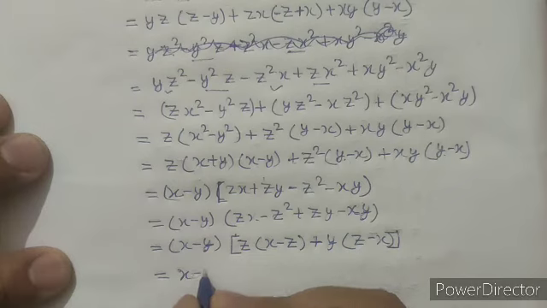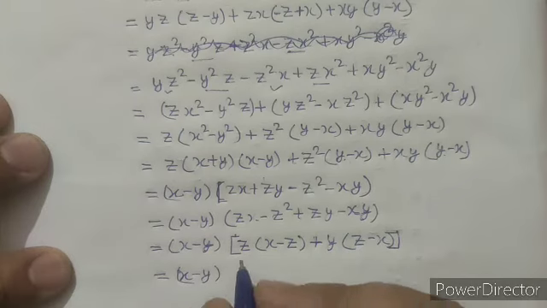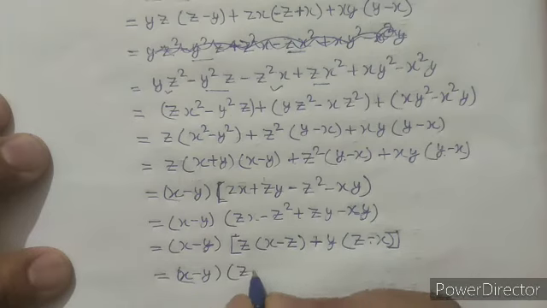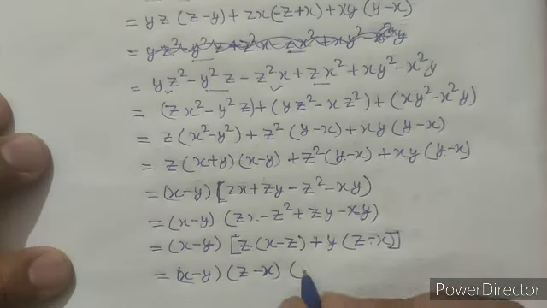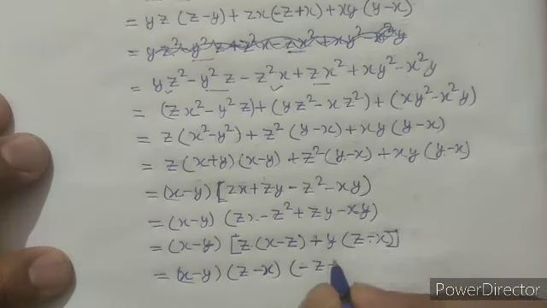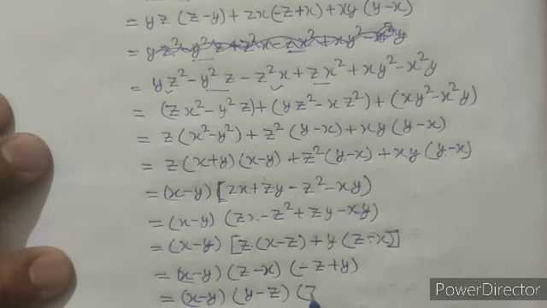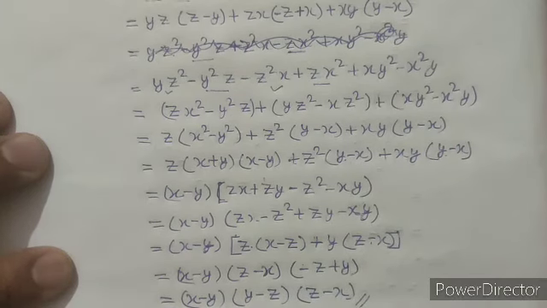This will be equal to (x minus y), and on taking the factor z minus x as common, the other factor will be minus z plus y, and that will give us (x minus y) into (y minus z) into (z minus x).